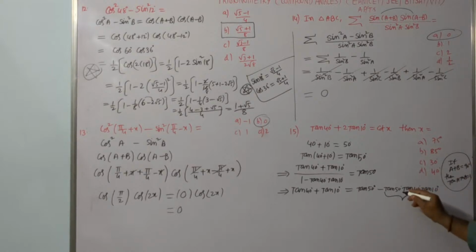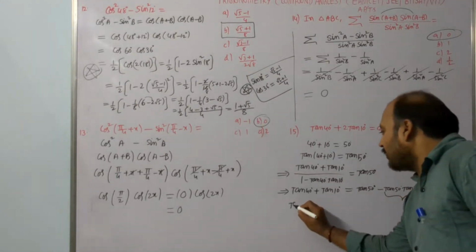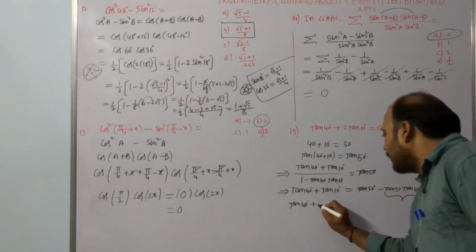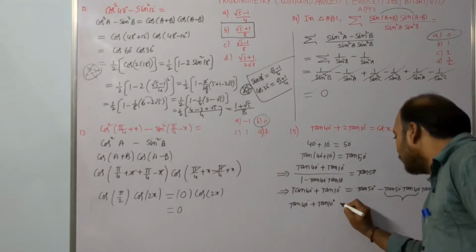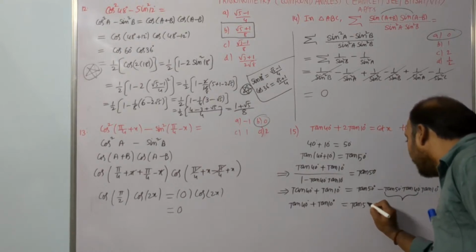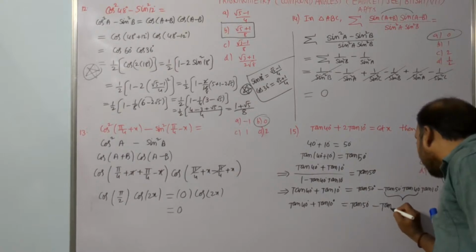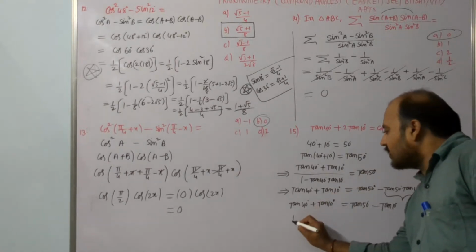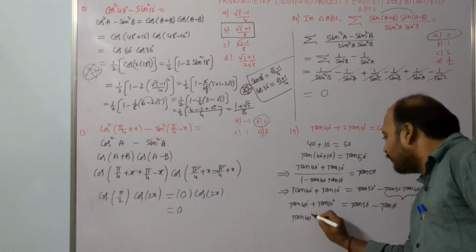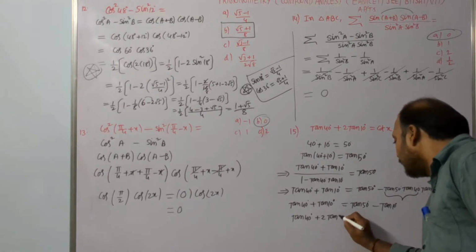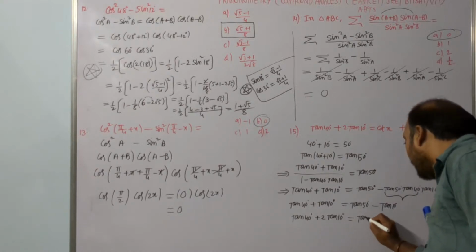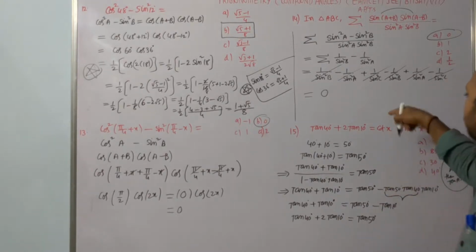So by using that, this is the value. Tan 40 plus tan 10 is equal to tan 50 minus tan 10. This minus tan 10 bring this side, it will become tan 40 plus 2 tan 10 is equal to tan 50. This you have to compare with cot x.